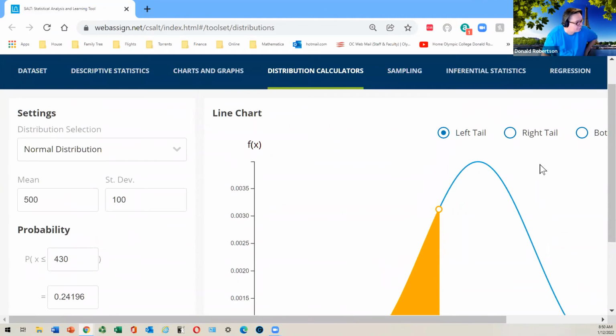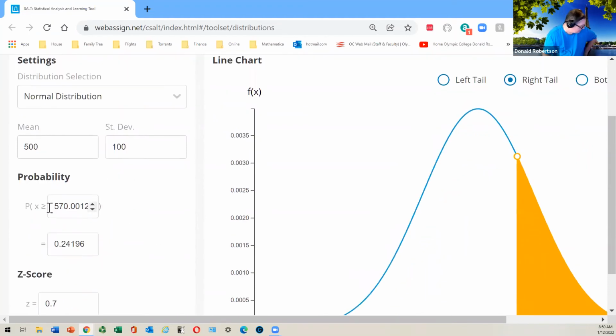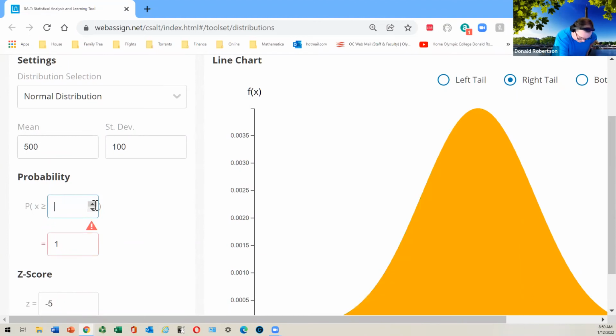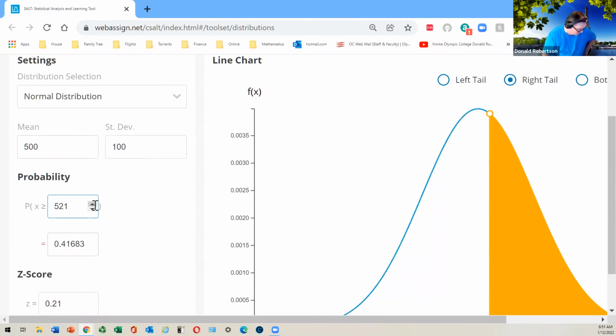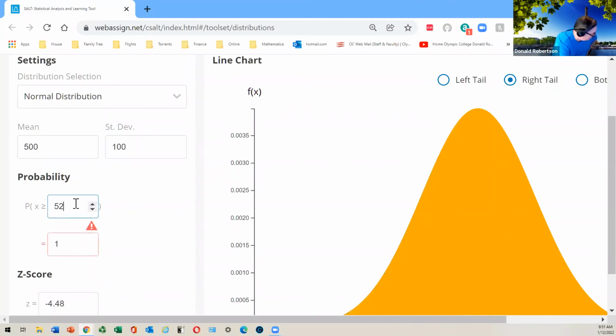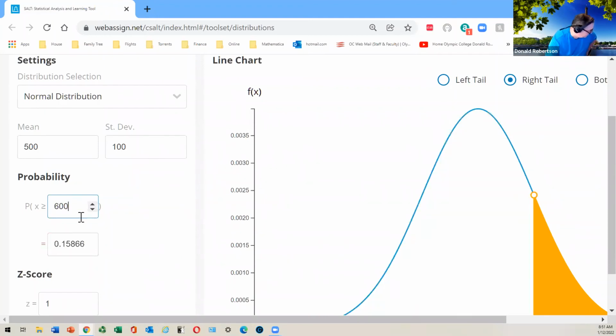If I wanted to know what proportion of the people or the data was bigger than something, I choose the right tail. And you see a little greater than, and let's suppose I was interested in the proportion bigger than 521. Can you see the little shading? Roughly, isn't that about 41, 42% of the people? How about bigger than 600?